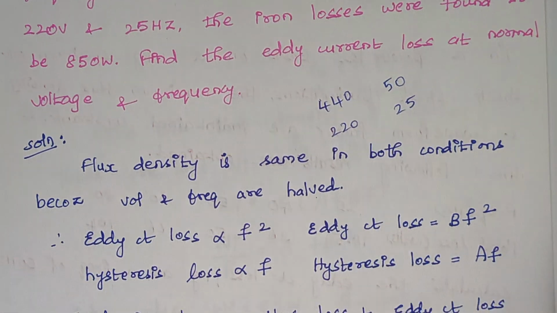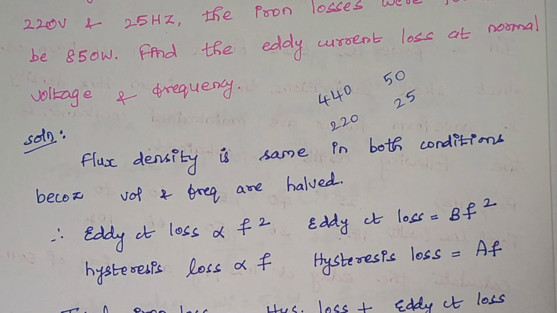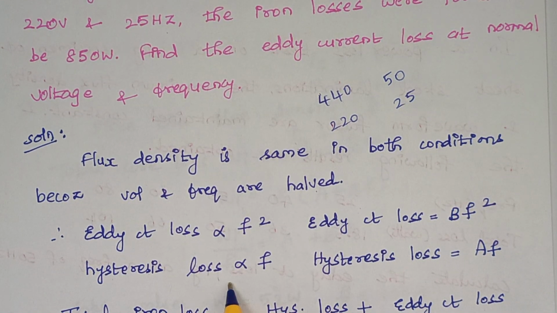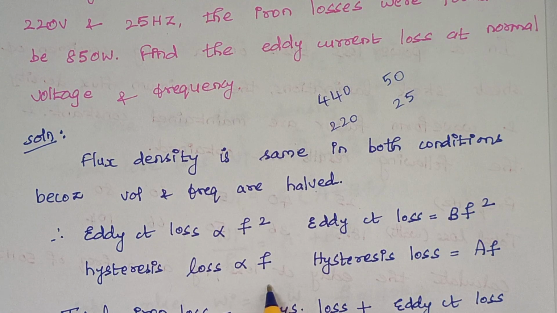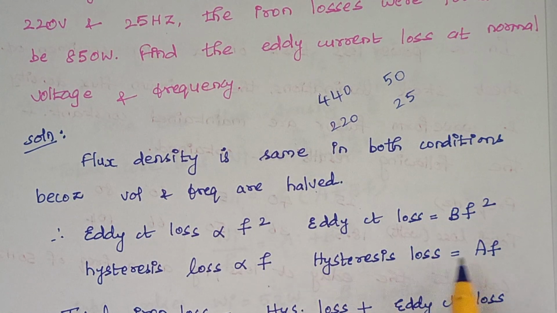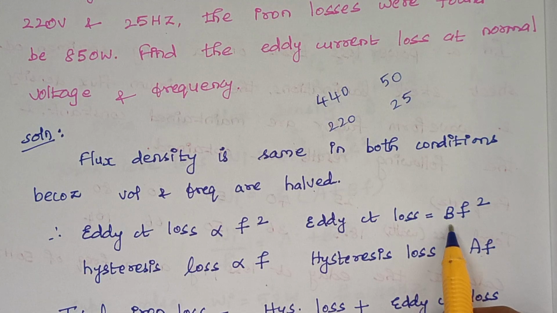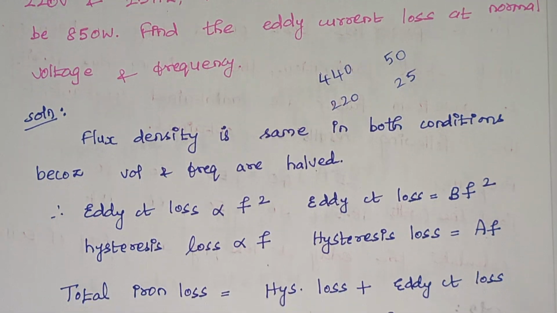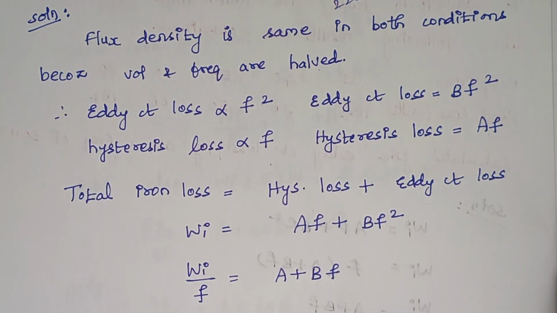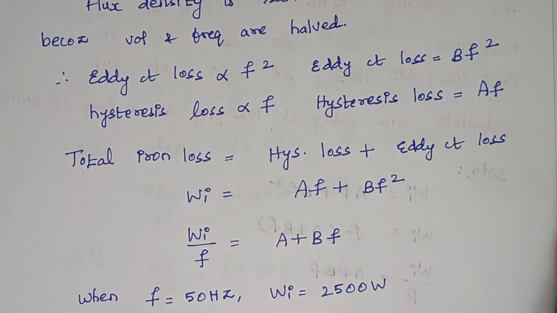As we all know, eddy current loss is directly proportional to F square and hysteresis loss is proportional to F. Again we are introducing proportionality constants: here it is A, and for eddy current loss it is B. So total iron loss is the summation of hysteresis loss and eddy current loss.